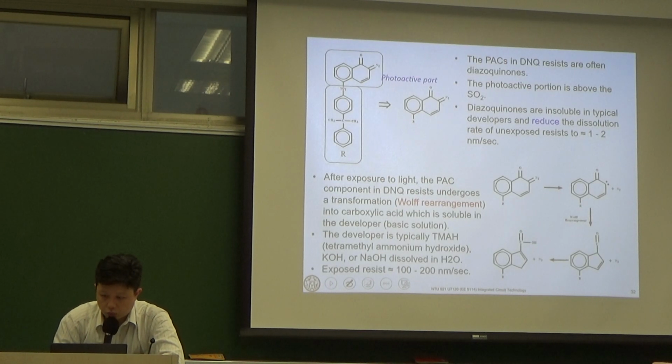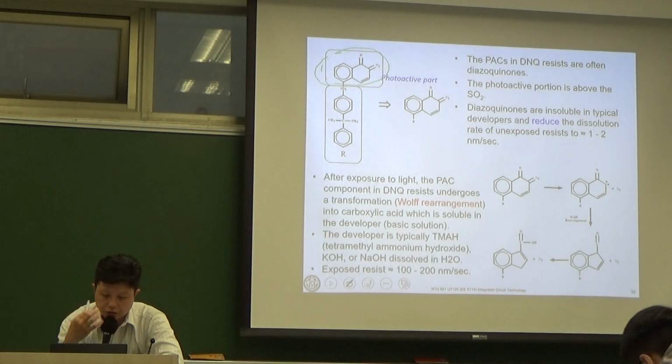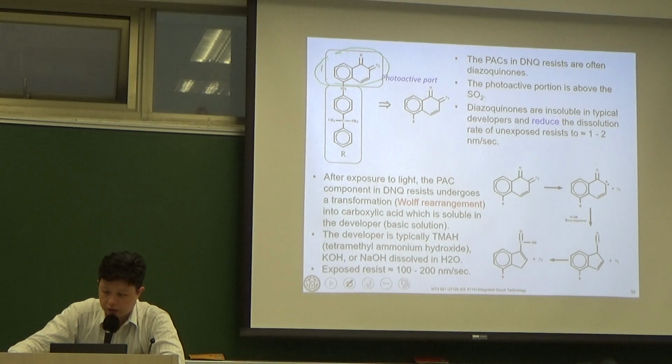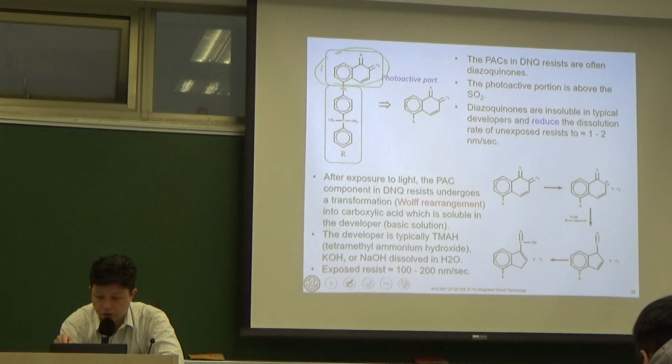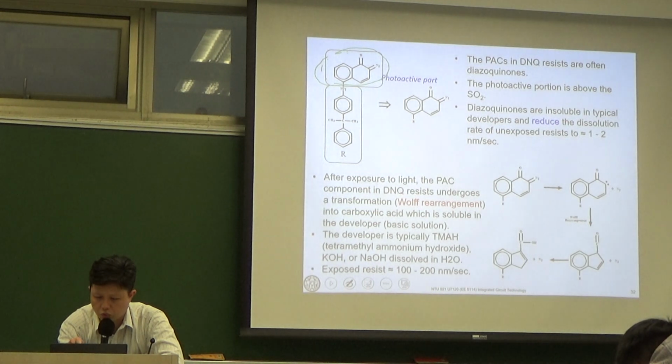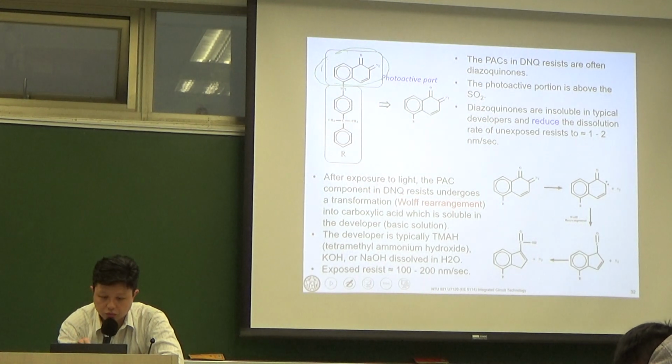Okay. Now, once you have this, we have another. This is the photoactive part that will attach on this long chain polymer. Okay. This PAC is diazonaphthoquinone. I don't know.